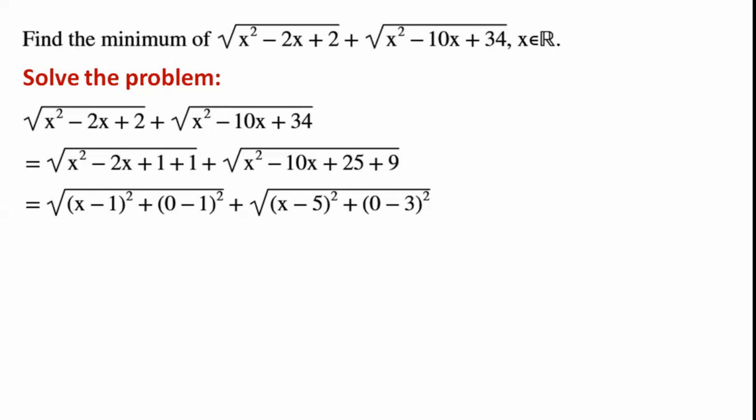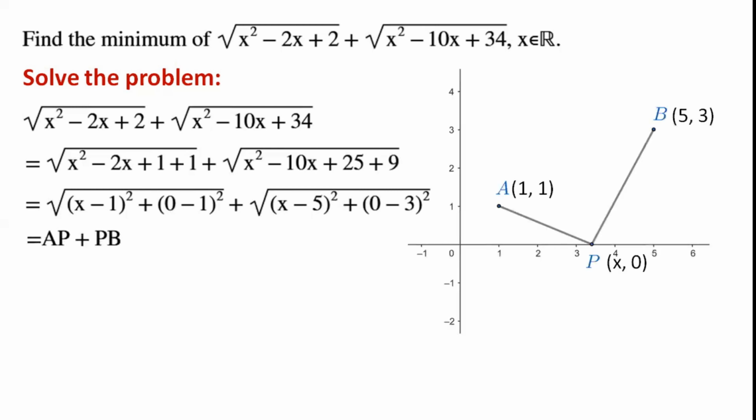The first term can be written as root of (x minus 1) all squared plus (0 minus 1) all squared. The second term can be written as root of (x minus 5) all squared plus (0 minus 3) all squared, which is equal to AP plus PB.